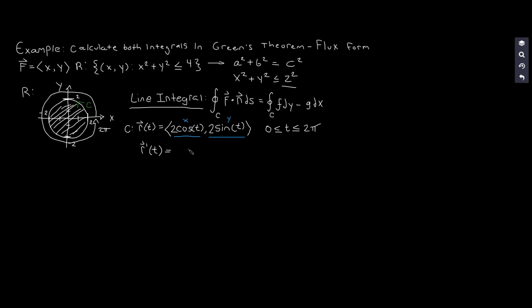What's the derivative of cosine of t? It's going to be negative sine of t. So I do believe that this is going to be negative 2 sine of t. And what's the derivative of sine? That's going to be cosine. So this is going to be 2 cosine of t.